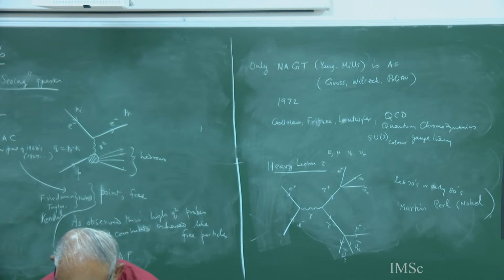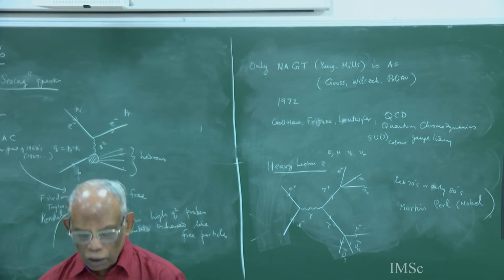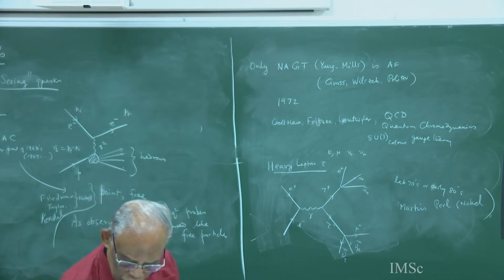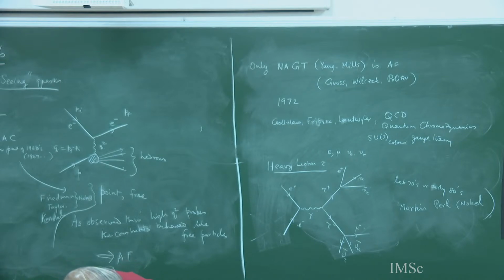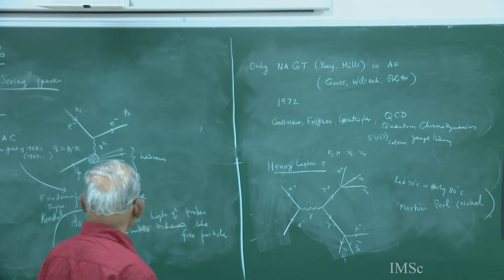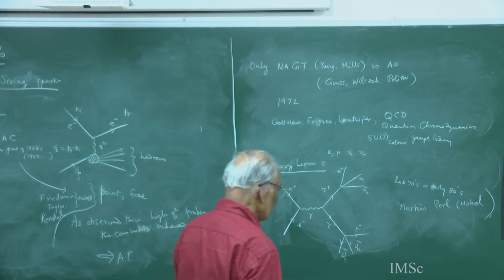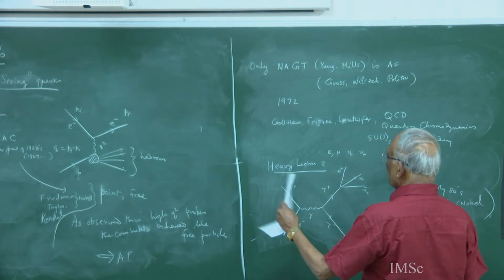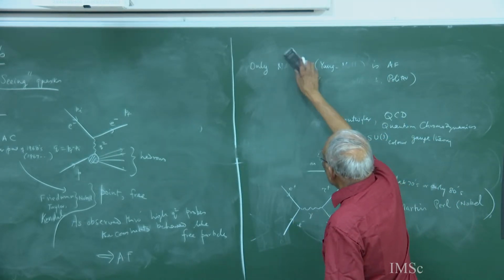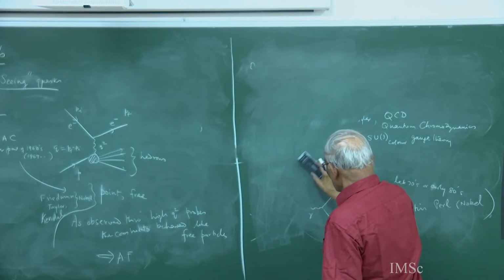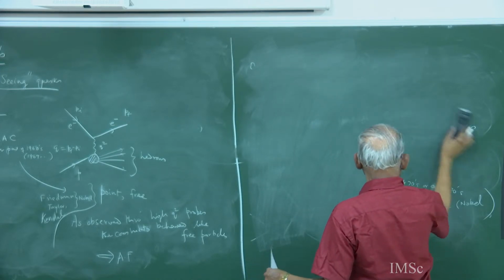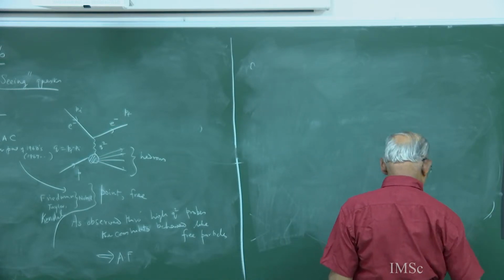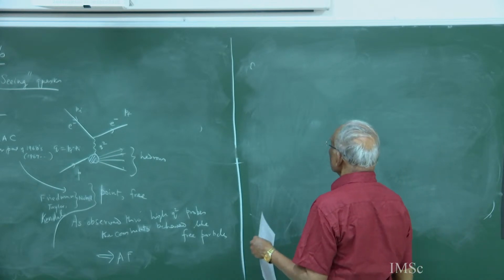So now that I have introduced all the elementary particles with which the standard model will deal, let me summarize that. Heavy quarks I talked about, heavy leptons we talked about, so everything is complete now. We have 6 quarks and 6 leptons.